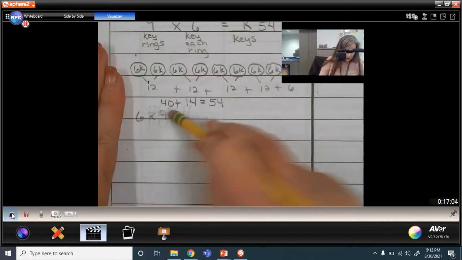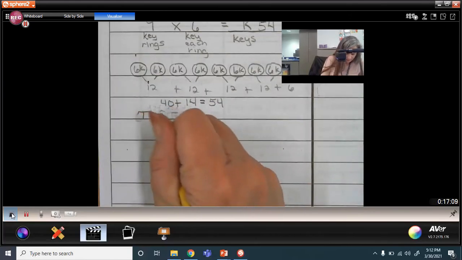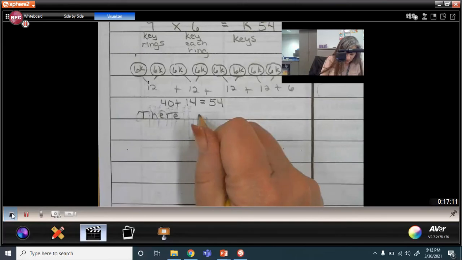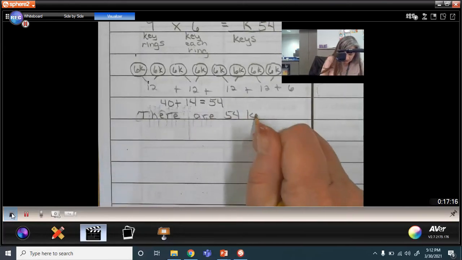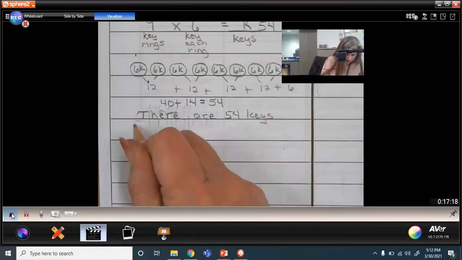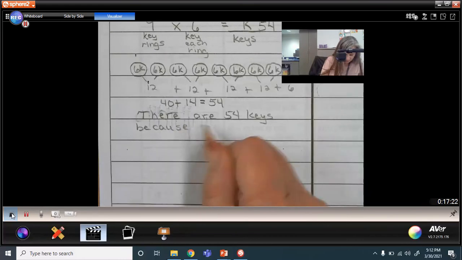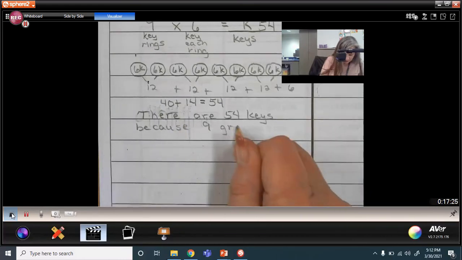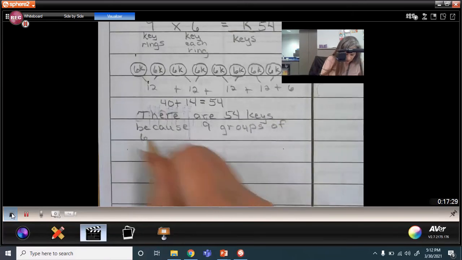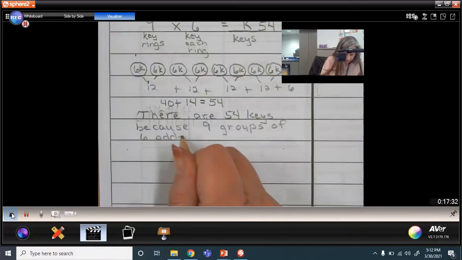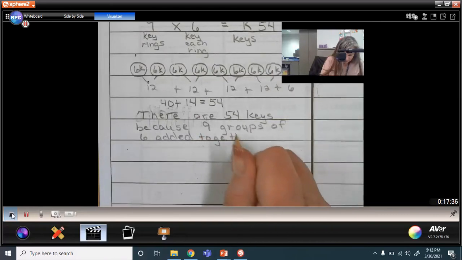But now we can take our answer and say there are 54 keys because 9 groups of 6 added together makes 54.